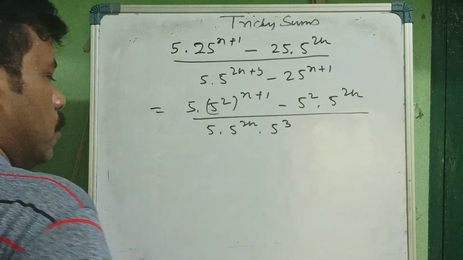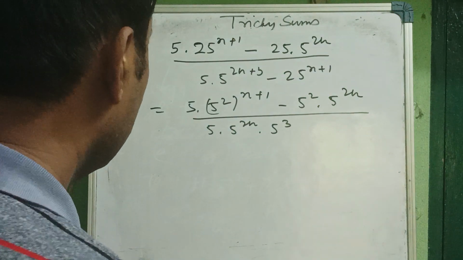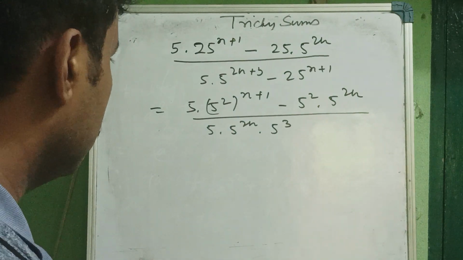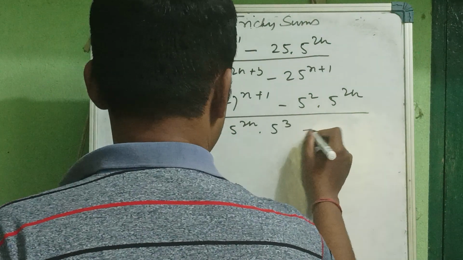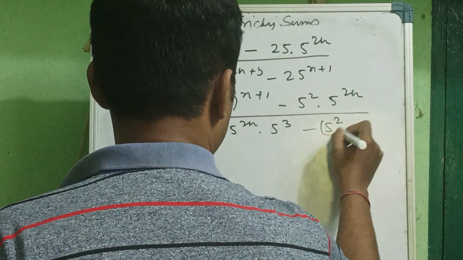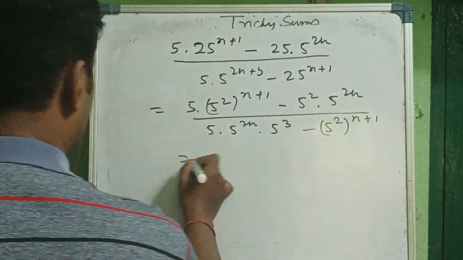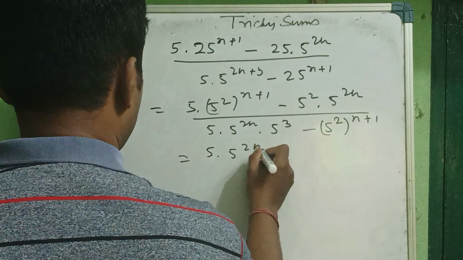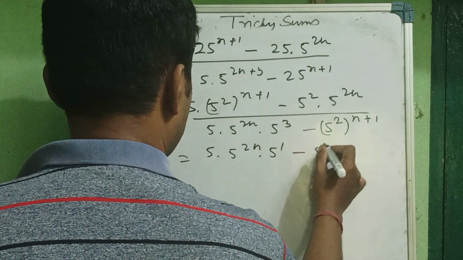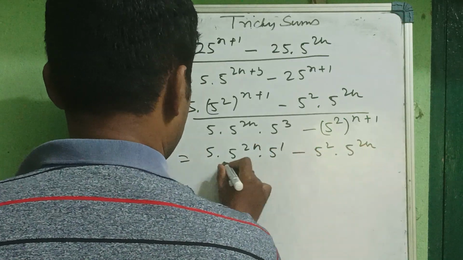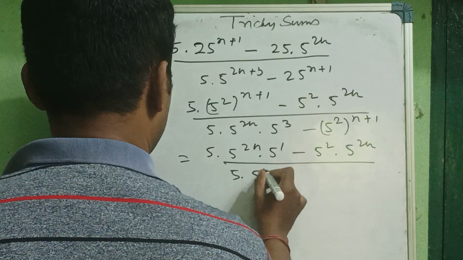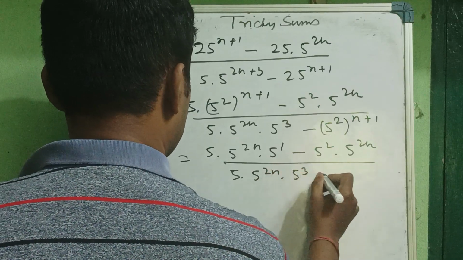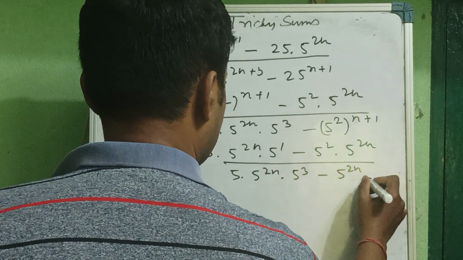We know that in algebra the powers are added when the bases are the same. So 5 to the power 2n plus 2 we can write as 5 to the power 2n into 5 square, and 5 to the power 2n into 5 to the power 3.